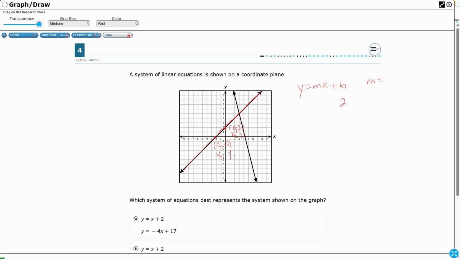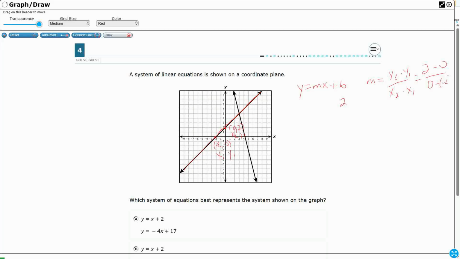Remember, our slope is the change in y over the change in x. So my y sub 2 is 2 minus my y sub 1 which is 0, and then my x sub 2 is going to be negative 2. I think that negative got lost.